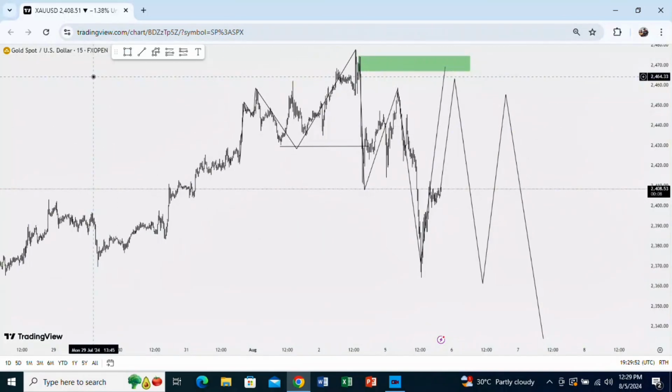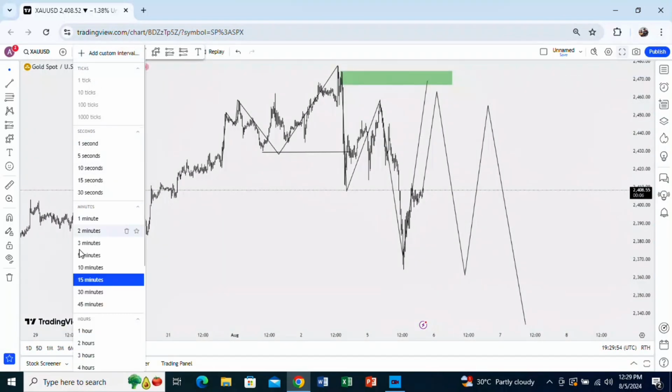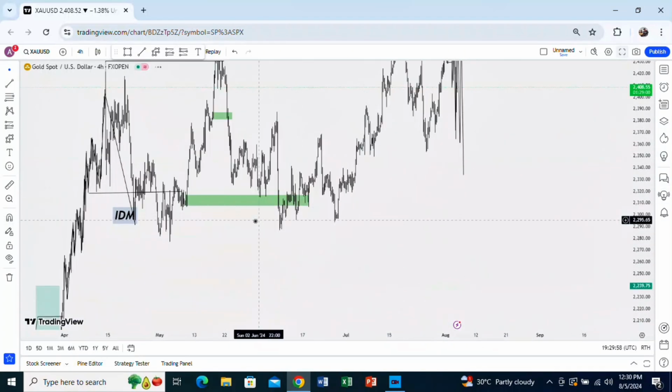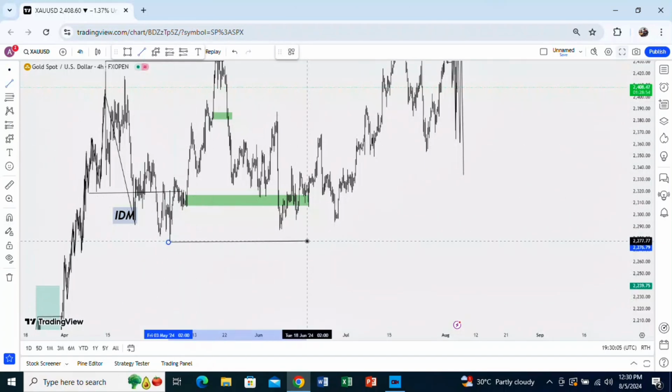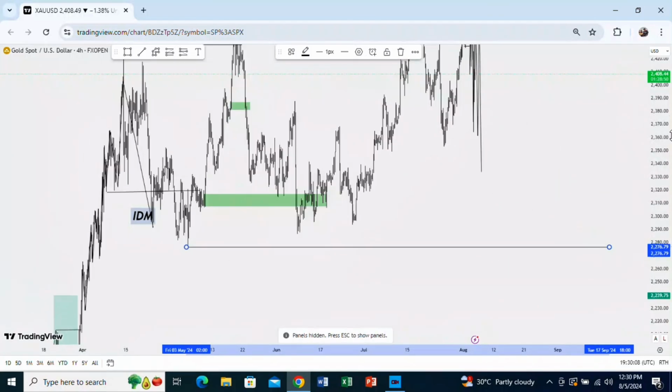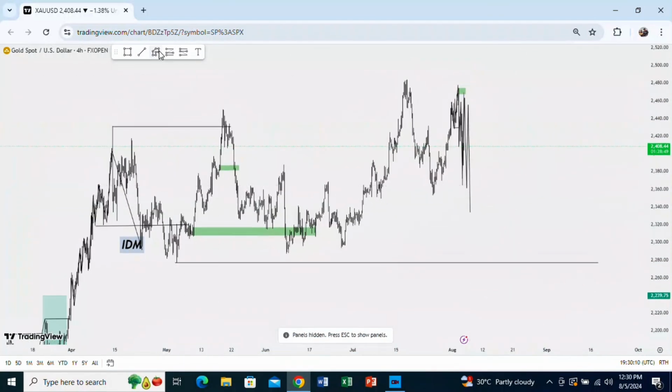Now this was the 15-minute. So what happens on the higher time frame? As we discussed, this was our entry point. This was the valid swing low for us, okay, this one, as this was an IDM low. So on the higher time frame, if gold closes below this low, then gold is done, okay.